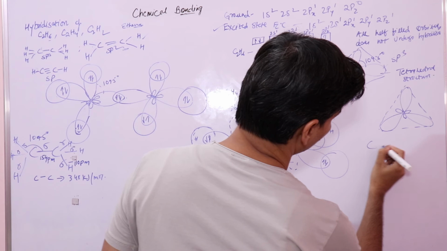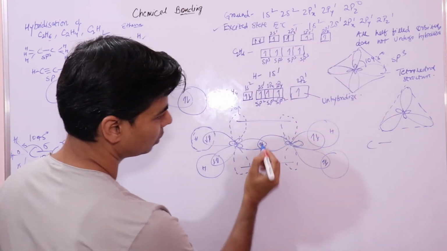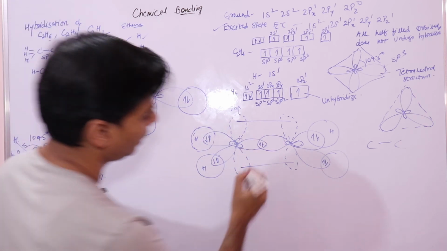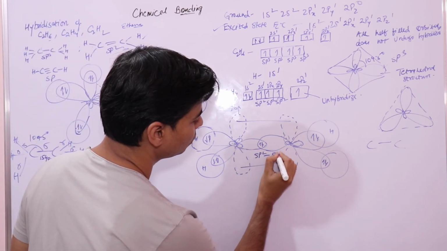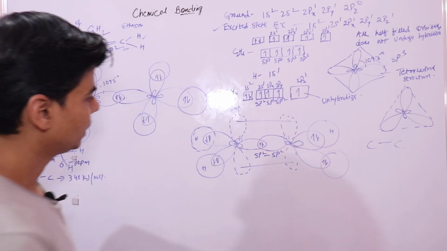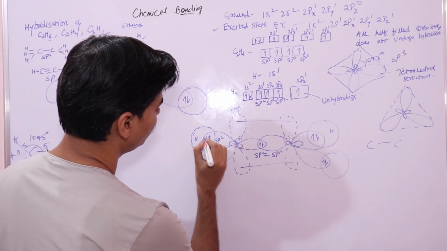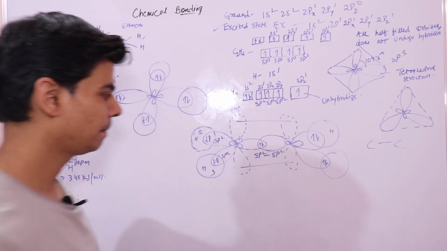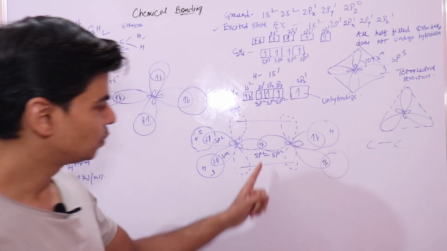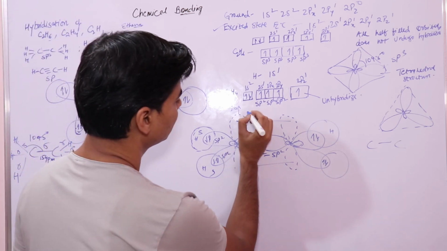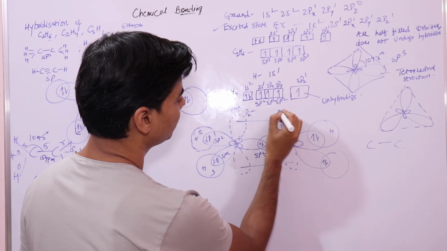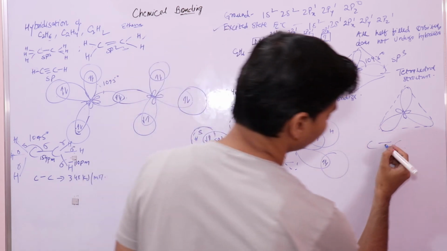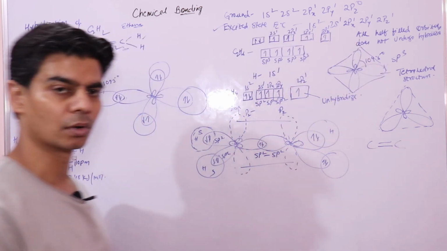So here now one bond is this bond, right, between carbon, that is formed by sp2 and sp2 overlap, right? And here we have sp2 and s overlap. Similarly here sp2 and s overlap, right? And there is one pi bond which is sideways overlapping of pz and pz orbital. That was your double bond, right?